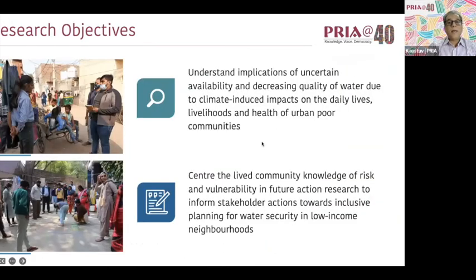So here the research focus was to understand the implications of uncertain availability and decreasing quality of water due to climate-induced impacts on the daily lives, livelihoods, and health of the urban poor communities, and then center the lived community knowledge of risks and vulnerability in future action research to inform stakeholders' actions towards inclusive planning for water security in low-income neighborhoods.